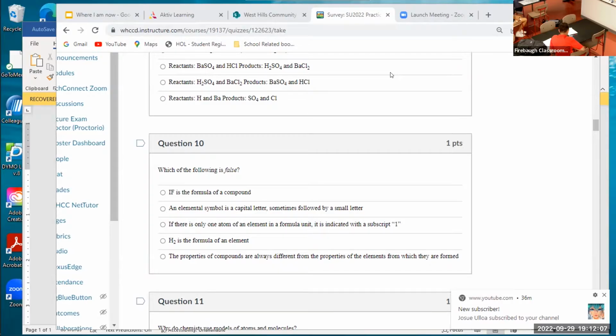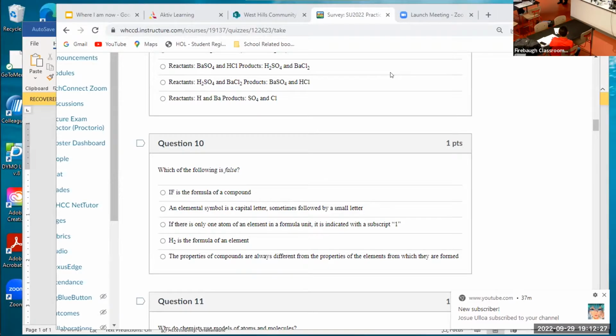Okay. Which of the following is false? IF is a formula of a compound. Is that false? See what an I looks like now?